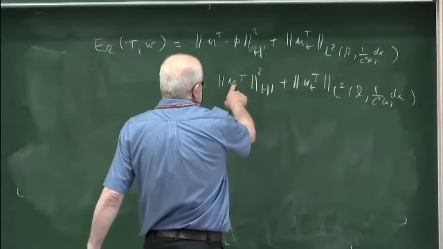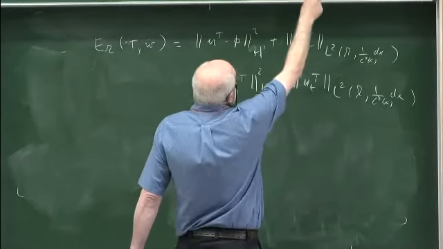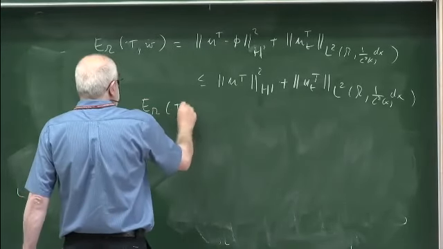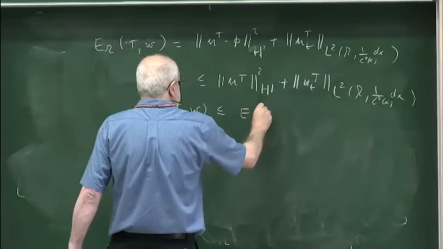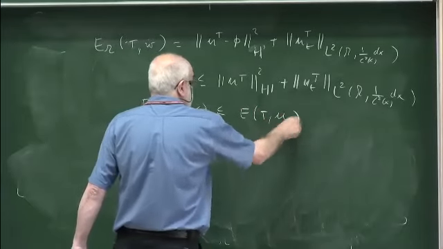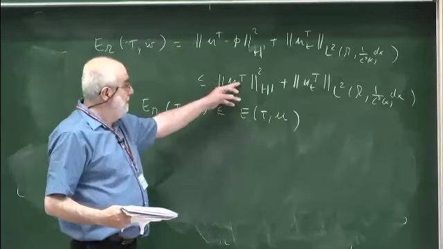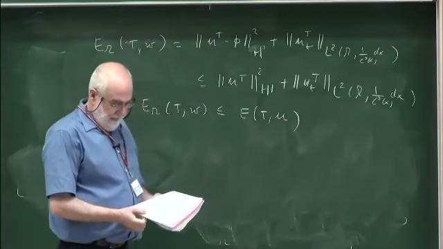What is this? H1 is the gradient of ut square plus the L2 norm. So this means that the energy of W at time T is less or equal than the energy, capital T, of U itself, right? Because this is the energy of the solution. Okay?